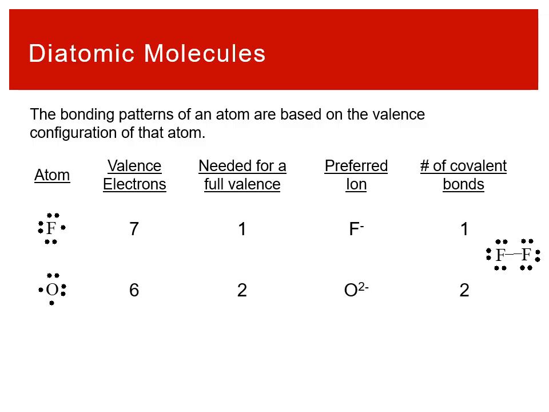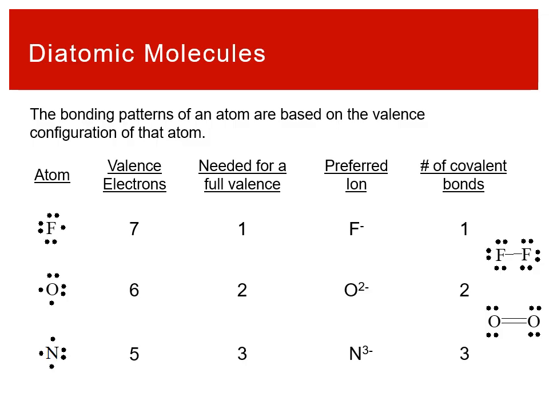A similar pattern follows for oxygen. 6 valence electrons means it wants to gain 2 and become an O2- anion to have a full valence, or it can form 2 covalent bonds. And so we see that each oxygen atom participates in 2 covalent bonds, right? It's 2 with that neighbor oxygen. But they each in that process add 2 more electrons into their valence, bringing them up to a total of 8.